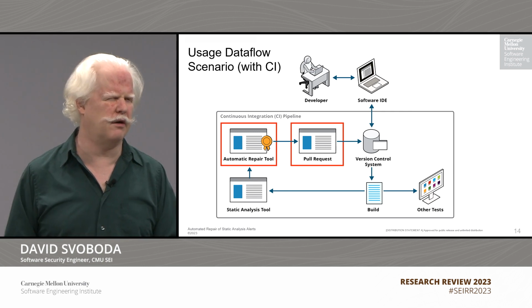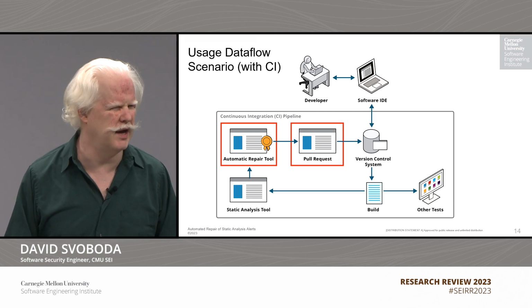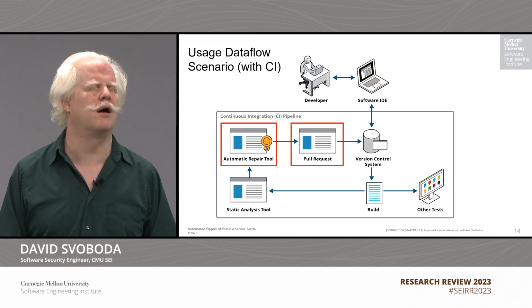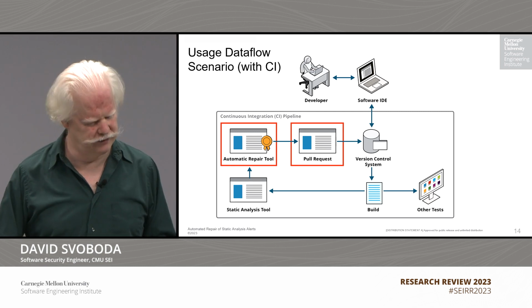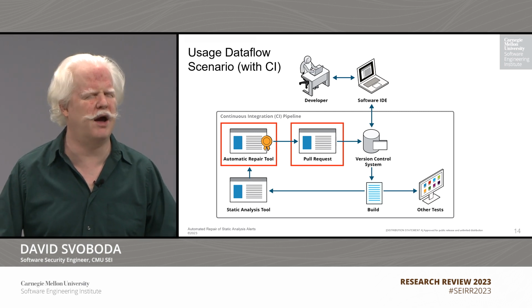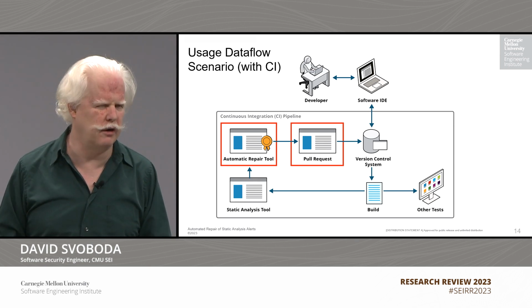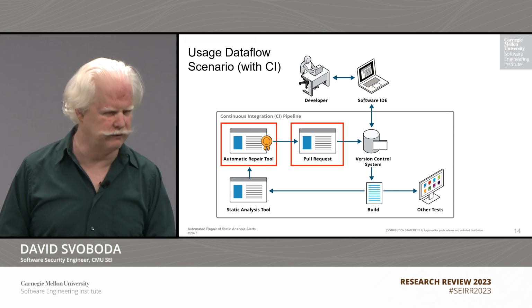In our scenario, the static analysis alerts, instead of going to the user, they go to our repair tool. The repair tool produces a version of the code with all the problems repaired, and then it creates a pull request. So pull requests in continuous integration simply provide a new version of the code, and normally a user has to decide whether to accept or reject the new version.